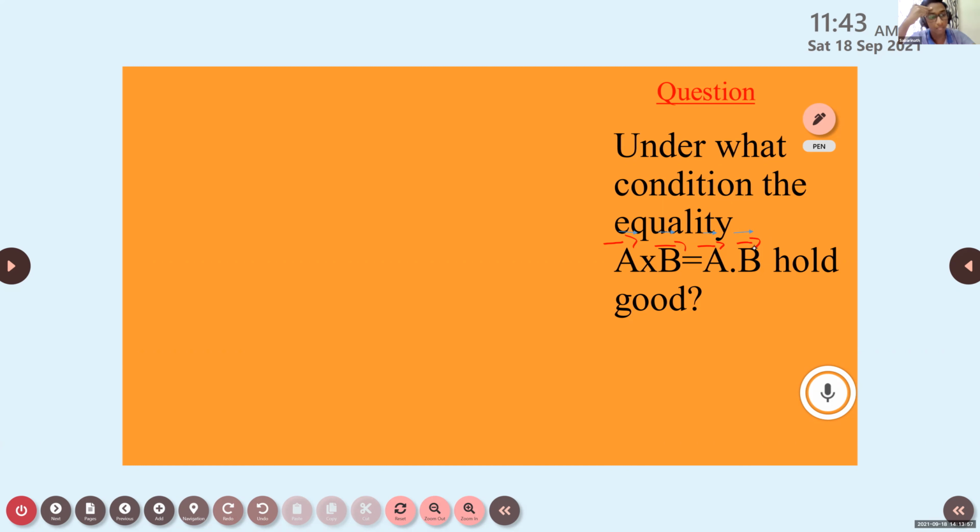If theta is equal to 90 degrees, sine is 1, but what about cos 90? Let us check. We know that vector A cross vector B is equal to vector A dot vector B. The magnitude of A cross B is AB sine theta.